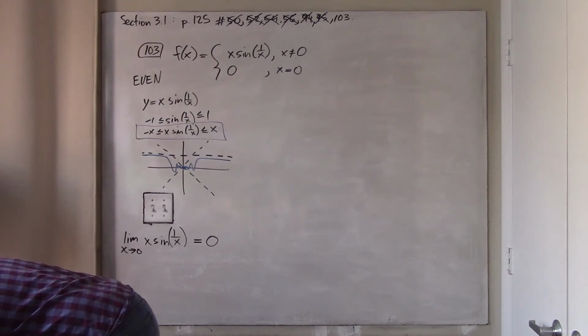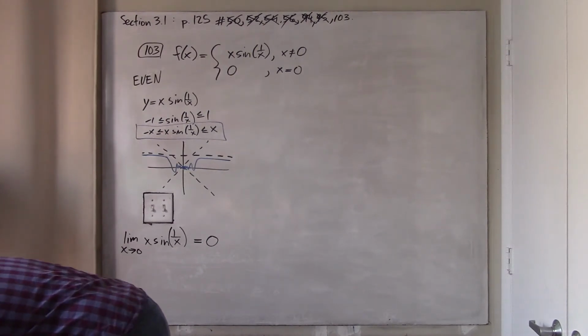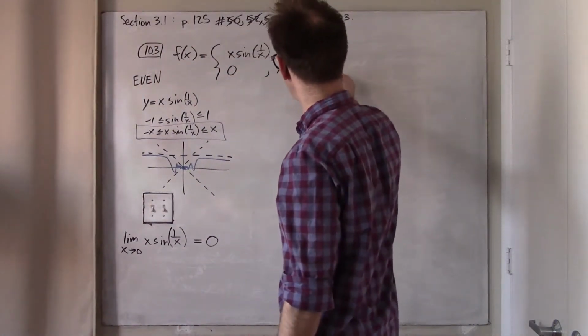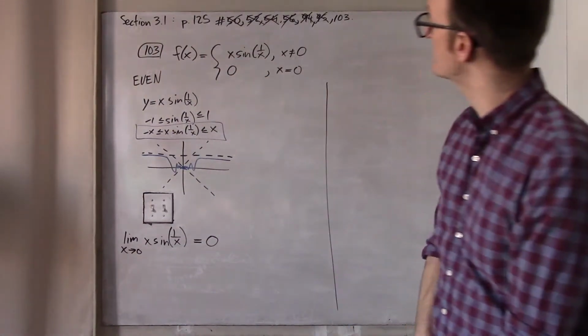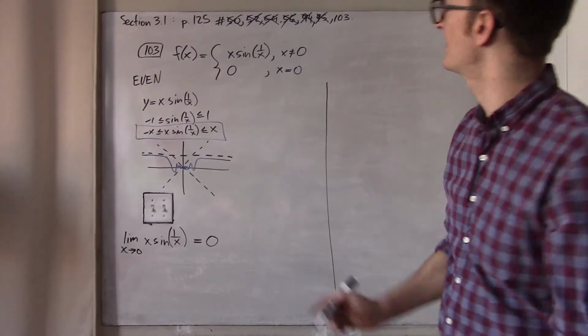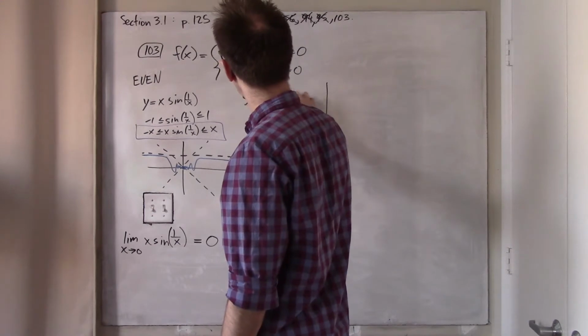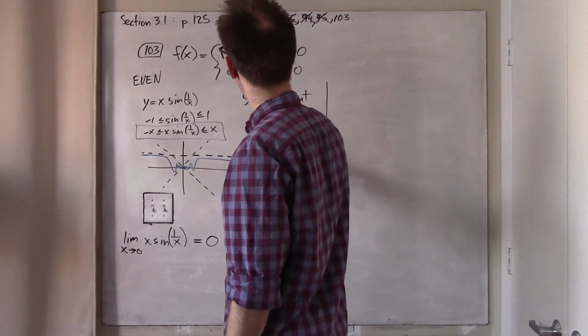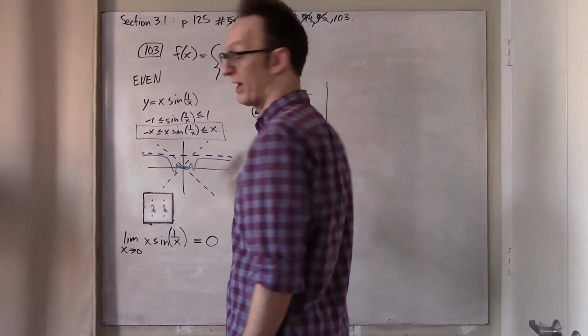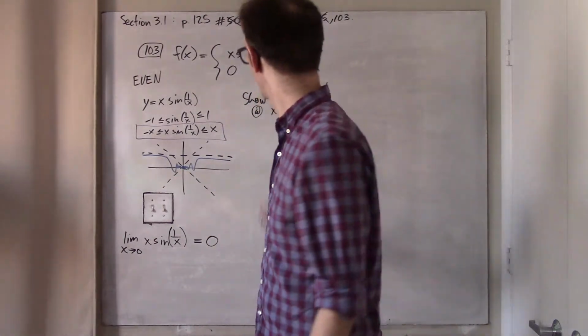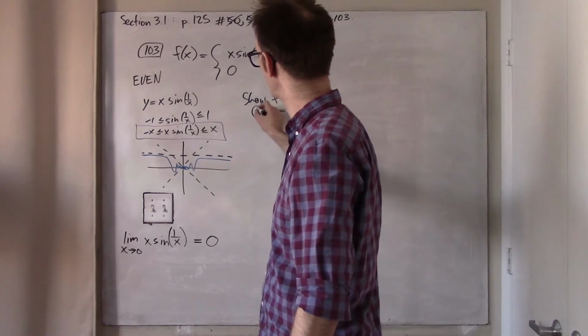And so, that is exactly what the first part of this problem asks. The first part says, show that f is continuous at x equals 0. Well, you know what exactly it means for a function to be continuous. What is the definition of continuity?